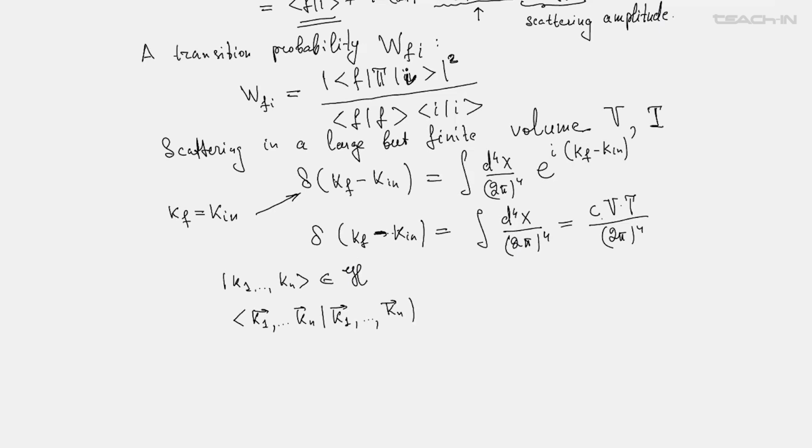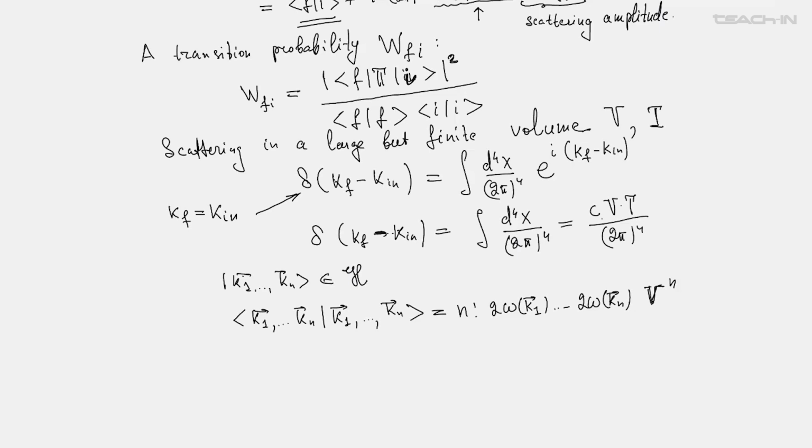And in the finite volume, this is given by the following expression: n factorial, 2 omega k1 and so on 2 omega kn, multiplied with V, volume, to the power n.